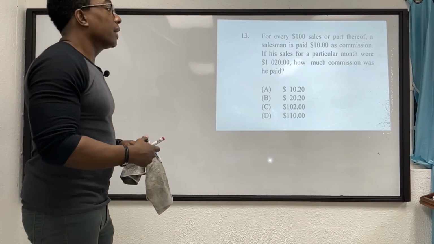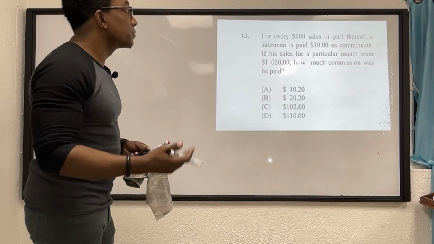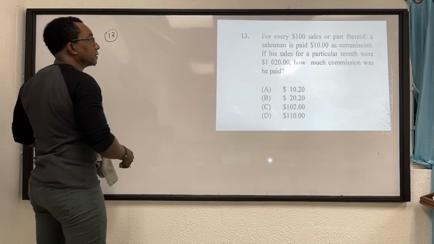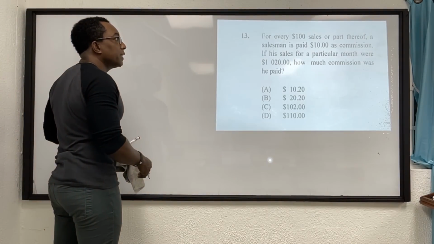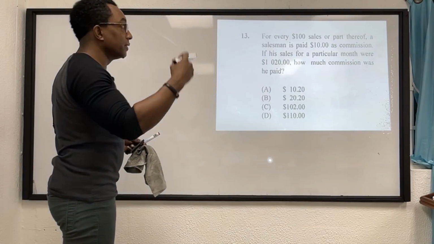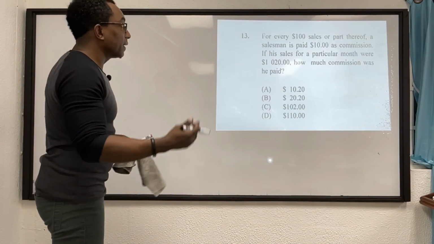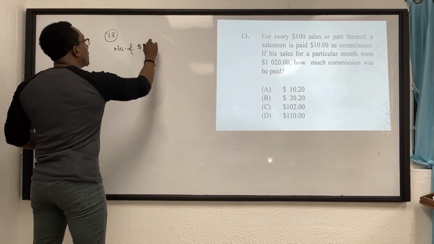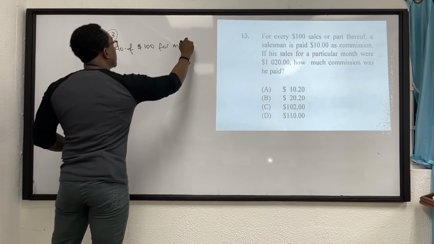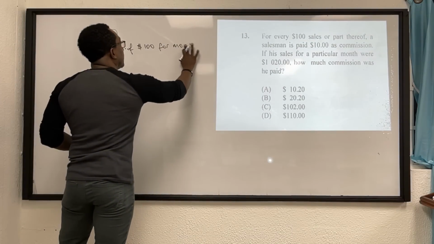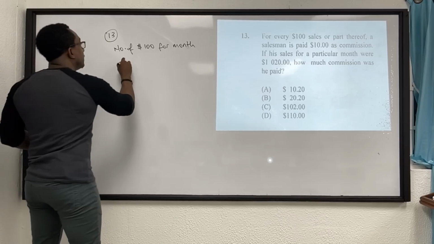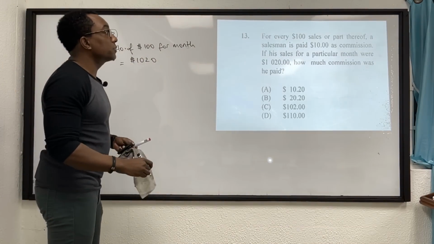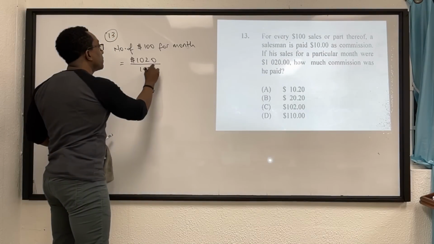Of course, commission is a percentage of sales. And if for this month he made $1,020, then let's see how many $100 was obtained for that particular month. So the number of $100 for the month will be equal to, we're going to take 1,020 and divide it by 100.